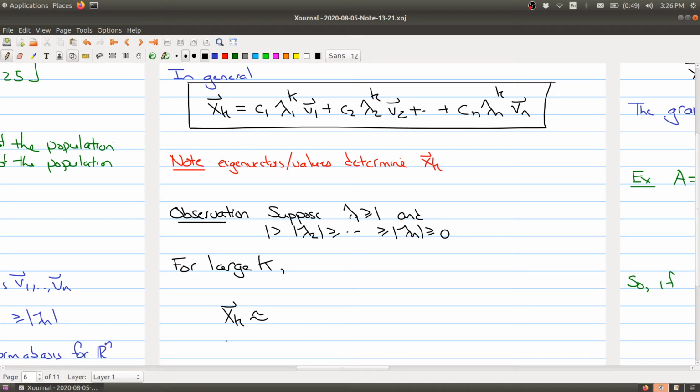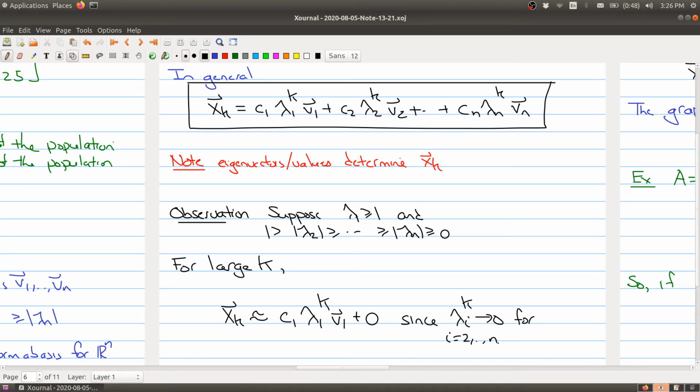So your x_k eventually becomes approximately c1 times lambda 1 to the k times v1 plus some number close to 0, since lambda i to the k approaches 0 for i going from 2 to n.